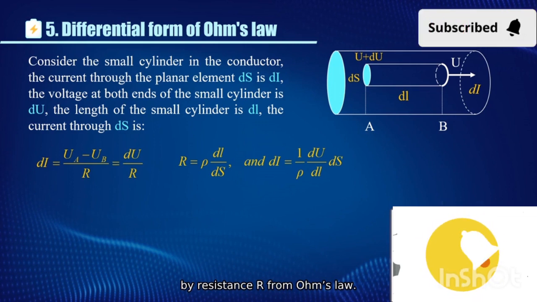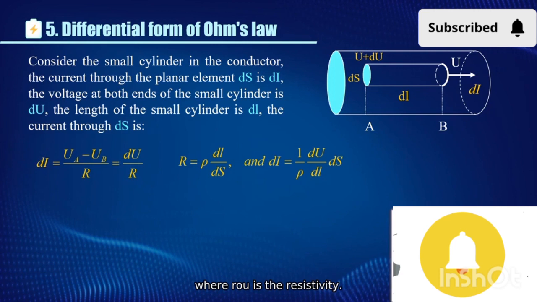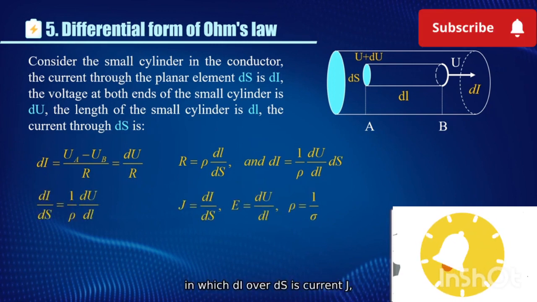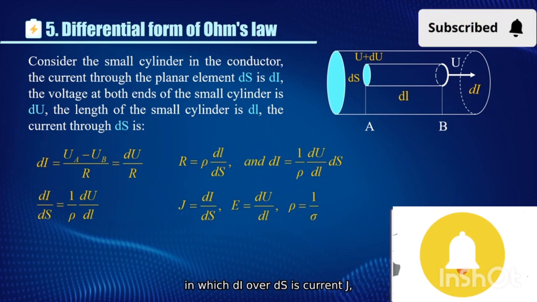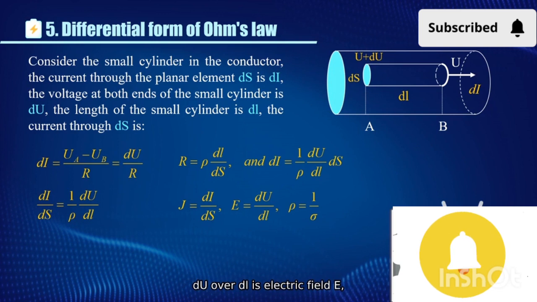From Ohm's law, we express R in the differential form, where rho is the resistivity, and then we get this expression in which dI over dS is the current density J, dU over dl is the electric field E, and sigma is the conductivity.